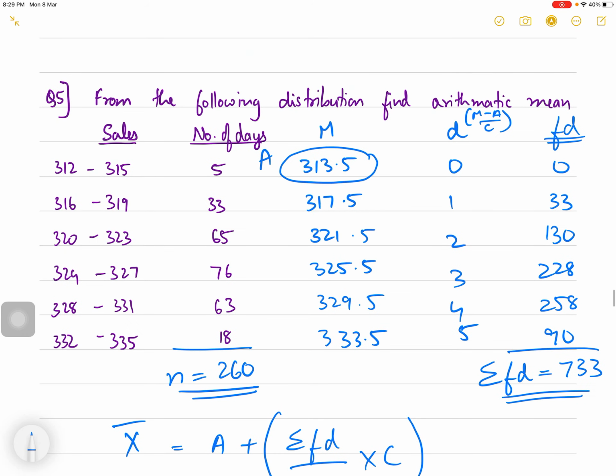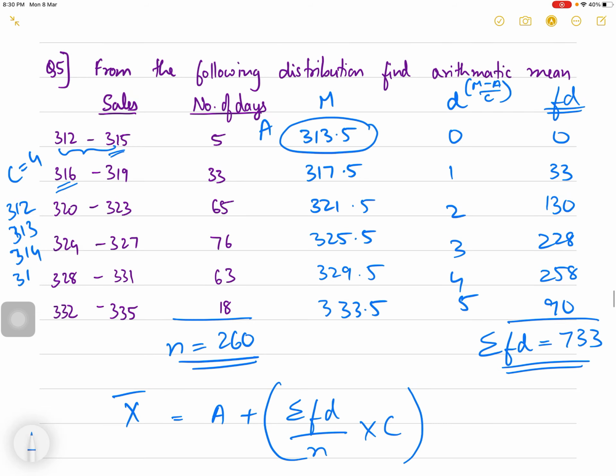Because C is 4, right? C is equal to 4 because it is an inclusive class. So 312, 313, 314 and 315. So 1, 2, 3, 4.